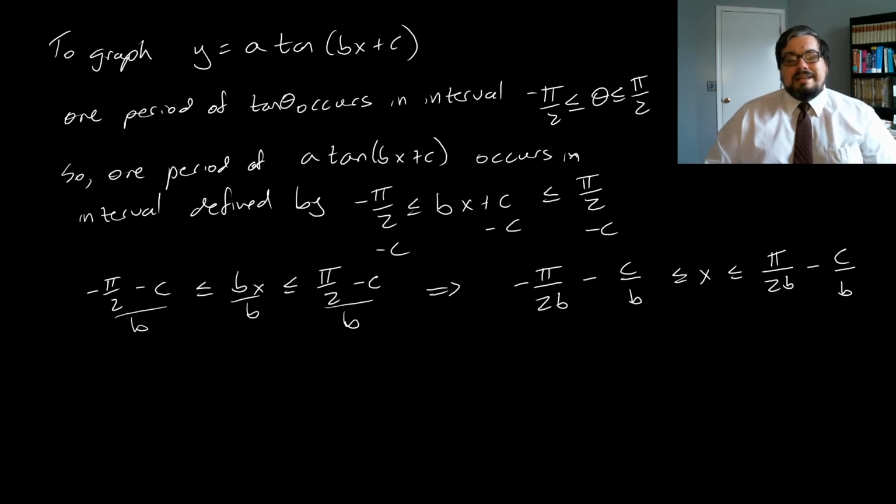So one period of tangent, one branch of it going from negative infinity to positive infinity, occurs as x goes between the expression on the left, negative pi over 2b minus c over b, to the expression on the right, pi over 2b minus c over b.